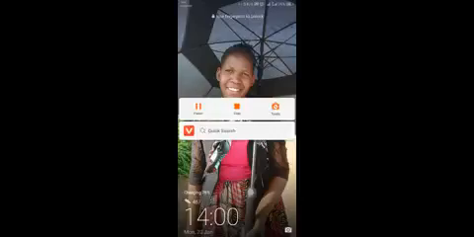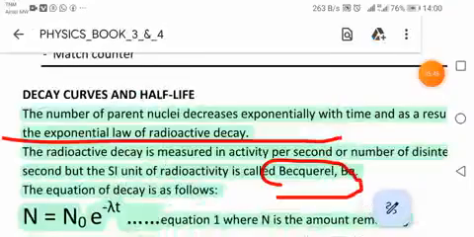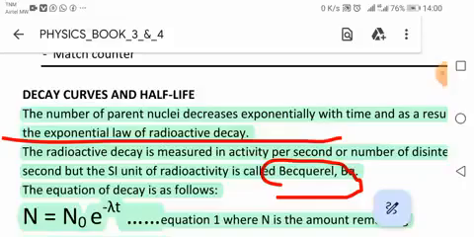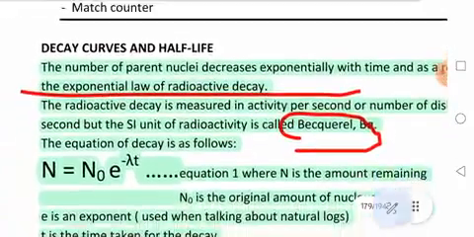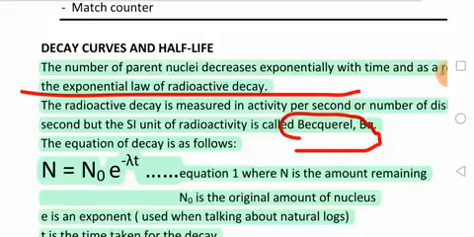The number of radioactive nuclei decreases exponentially with time, and as a result, it is known as the exponential law of radioactivity. Radioactive decay is measured with activity, or disintegrations per second.